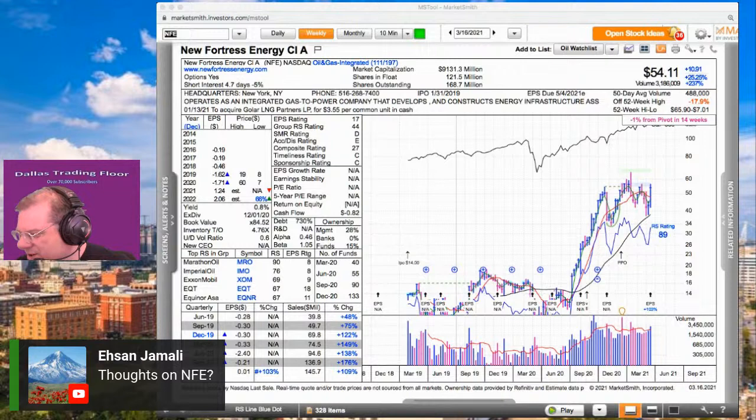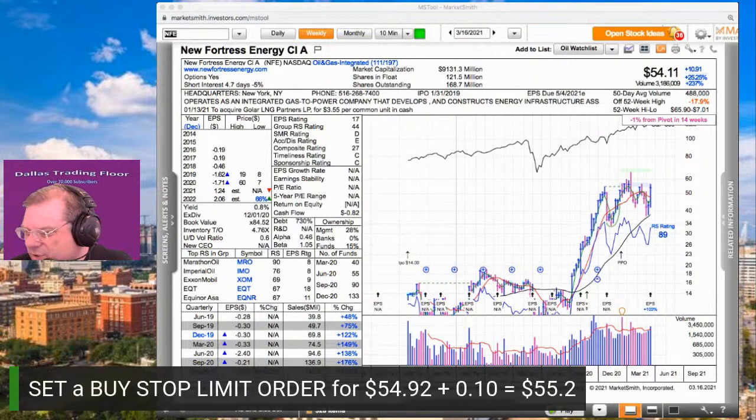I would set a buy stop limit order at 54.92 plus about 10 cents, or 55.02.